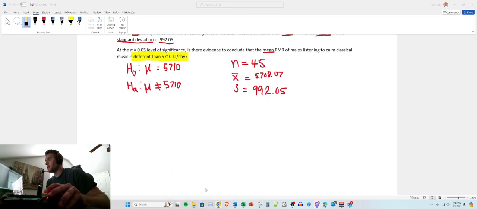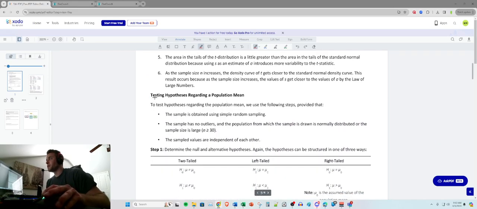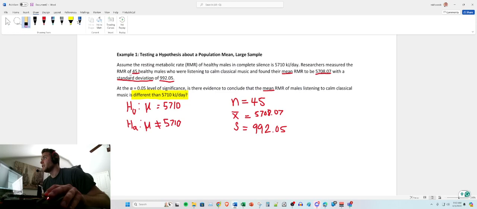Okay. So let me go back to our original notes here. Testing hypotheses regarding a population mean. To test hypotheses regarding the population mean, we use the following steps. The sample is obtained using random sampling, and that appears to be true right here.